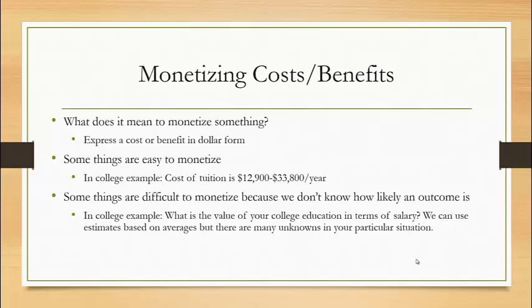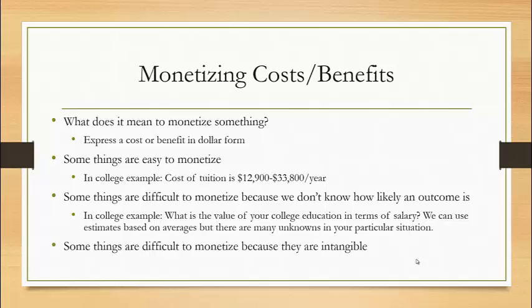Are you going to be a world-renowned neurosurgeon and make $500,000 a year or more? Or are you going to be a lab tech making $25,000 a year? And because that's unknown when you make that decision to enter college, it's difficult to monetize the value of your future salary.